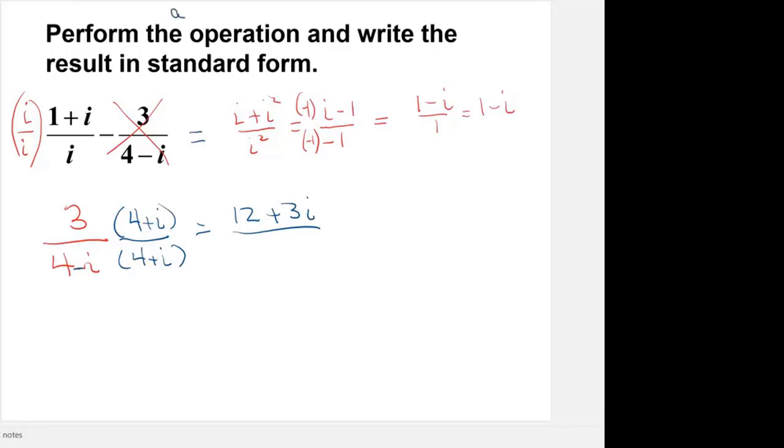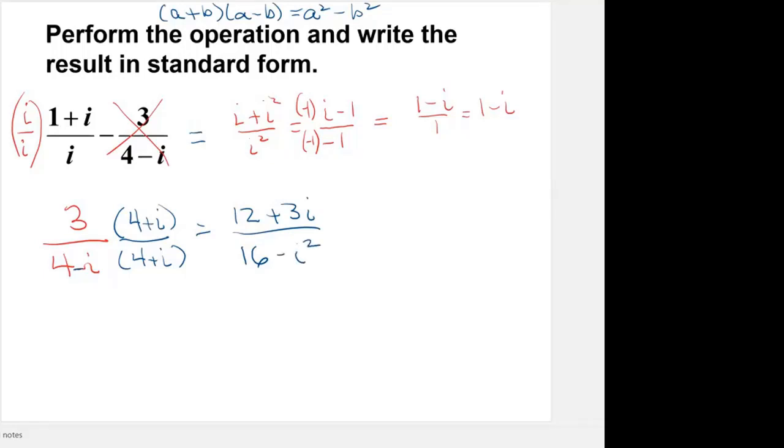Remember, a plus b times a minus b equals a squared minus b squared. Oh, the a is going to be 4, right? Yeah. So 4 squared is 16. And b is going to be i, right? So that's going to be minus i squared.